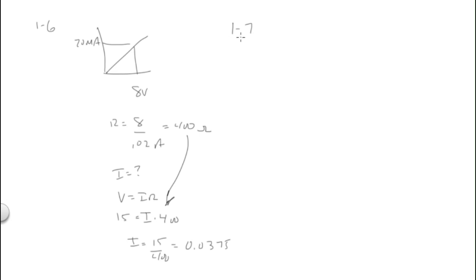Let's go back to 1-3C, which is again 0.01 amp and 2 volts. R is V over I, 0.1 or what? 20 ohms.